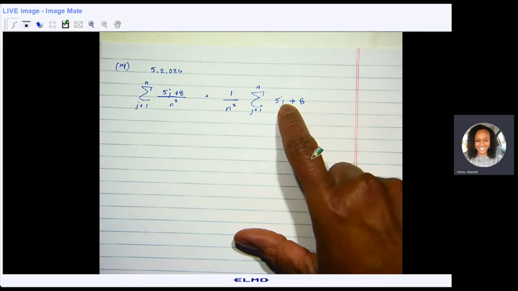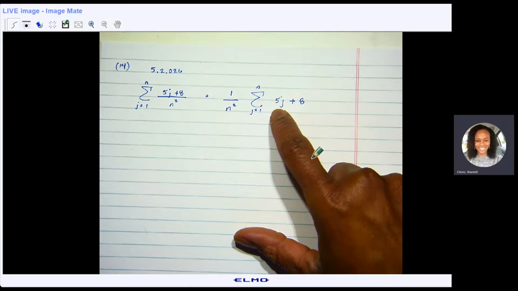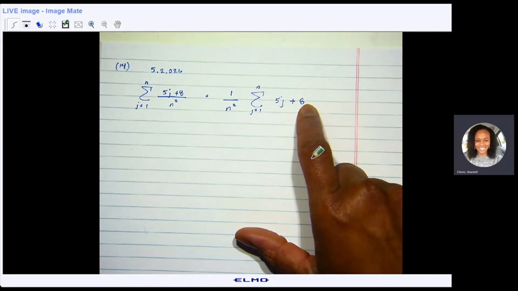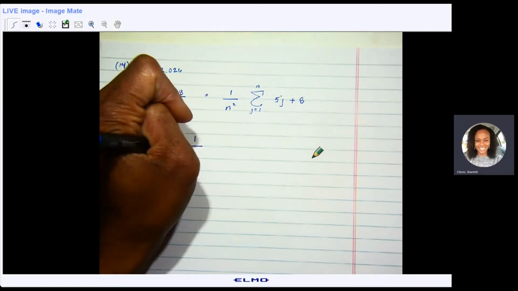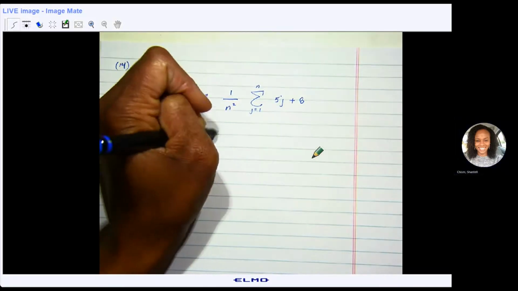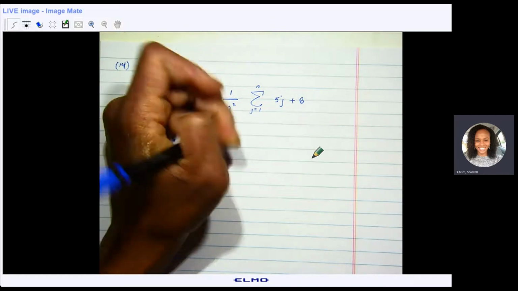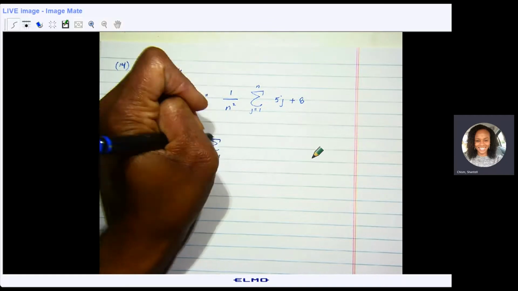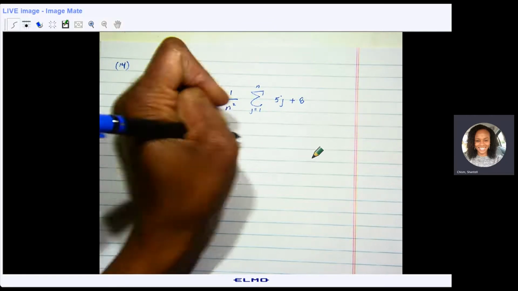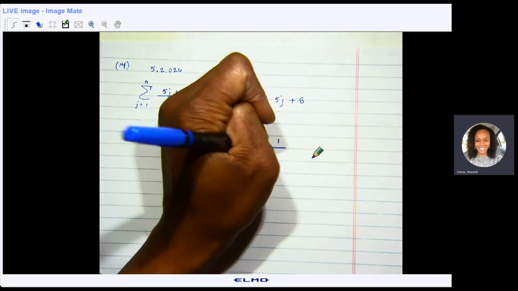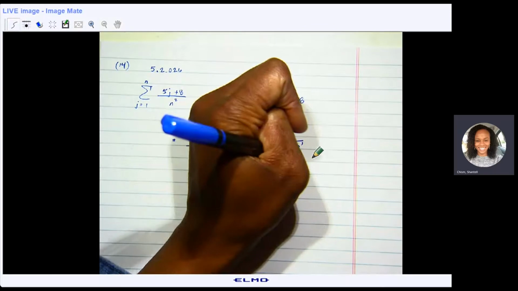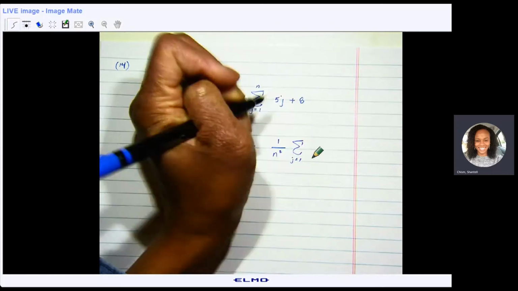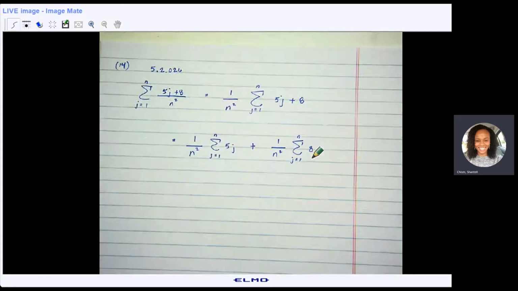Take a look here. This is a constant times j. We can pull the 5 out front. And this would just be the summation of a constant. So we'll have 1 over n squared times the summation from 1 to n for 5j plus 1 over n squared times the summation from 1 to n for 8.